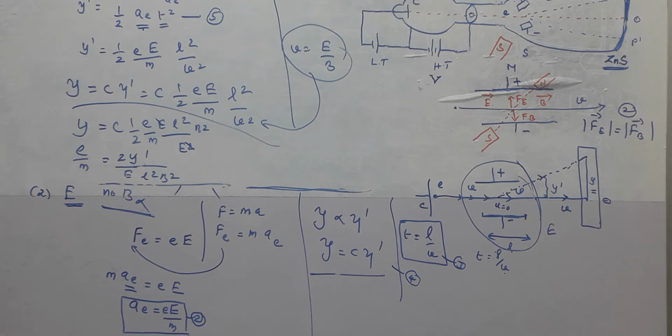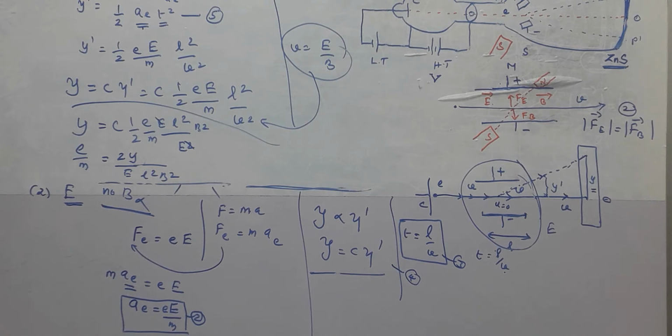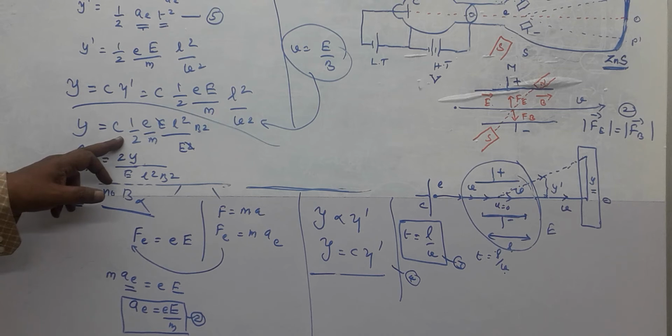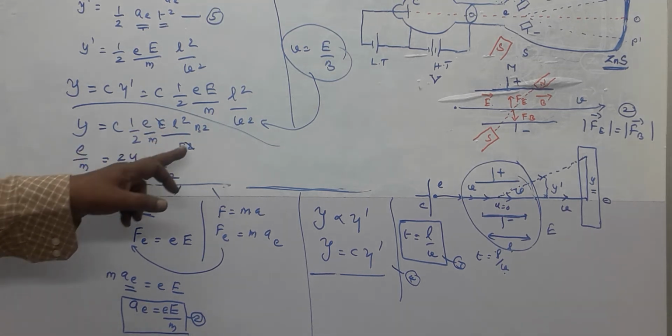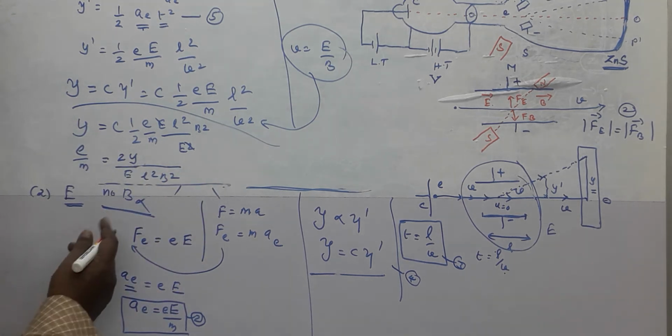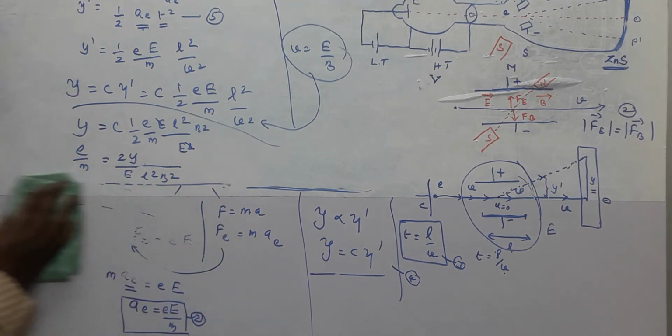This is the value of the specific charge of an electron. The specific charge of an electron is given by the equation 2y equal to c into 1 by 2, e by m, L square B square by E. That's all. Now we have to substitute the known values.